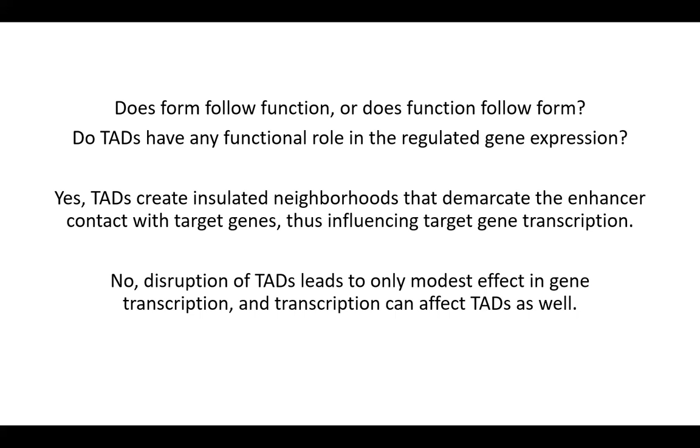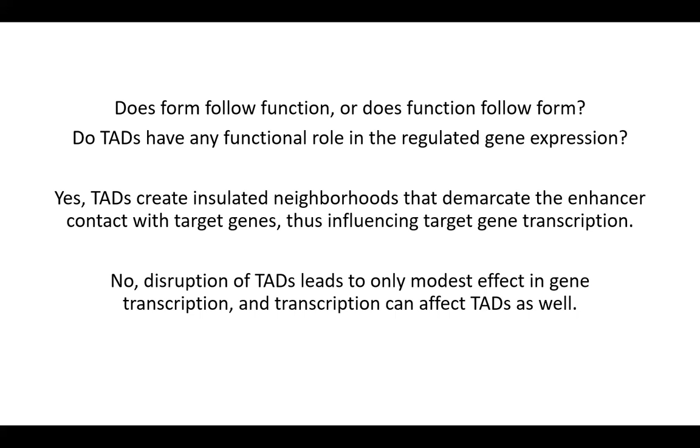But there were also other observations that seemed to suggest that no, we go and disrupt the TADs and we try to change the structure artificially, but we don't see that much gene expression change. What's going on? And there were also some other observations that suggested that the causal direction is the opposite. So sometimes the polymerases that are transcribing the gene, the elongation process, seem to change the structure of the chromosome.